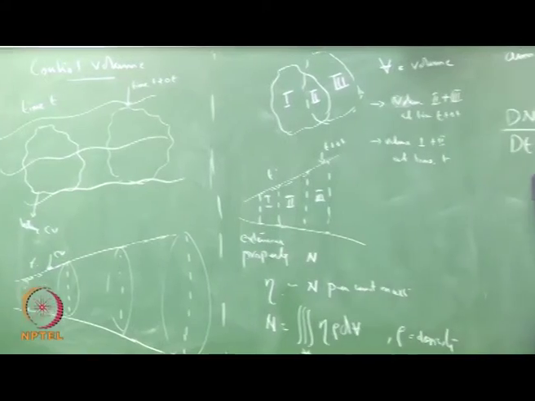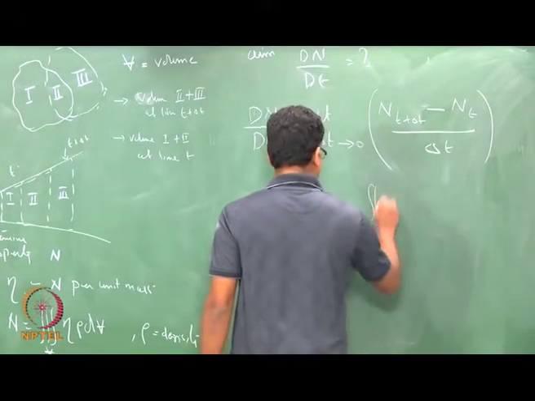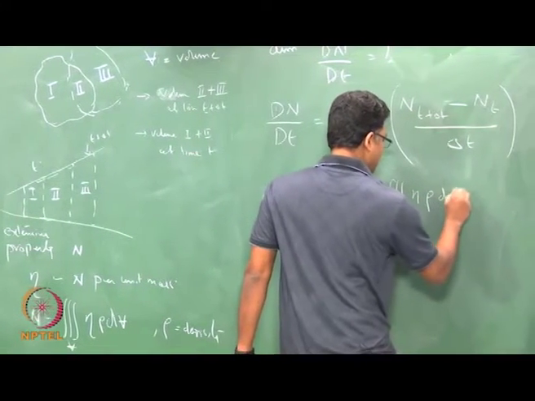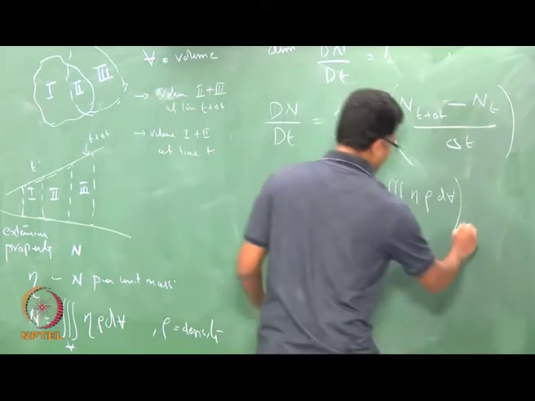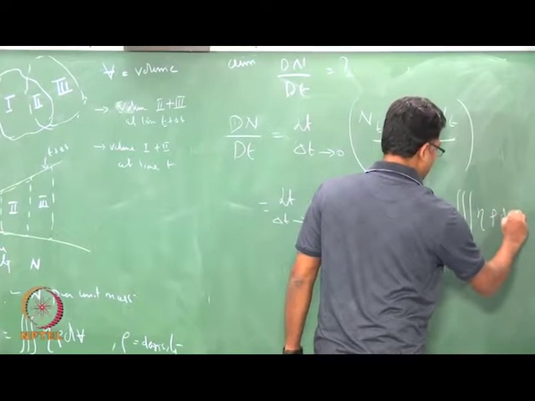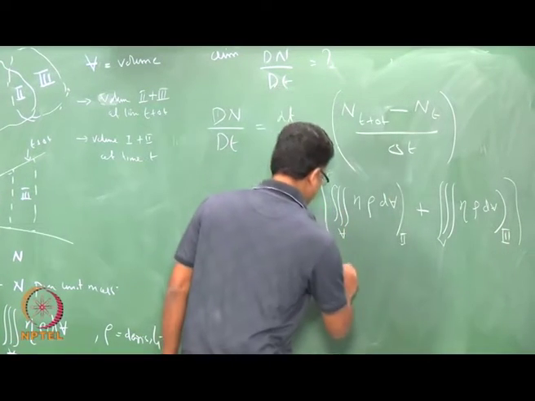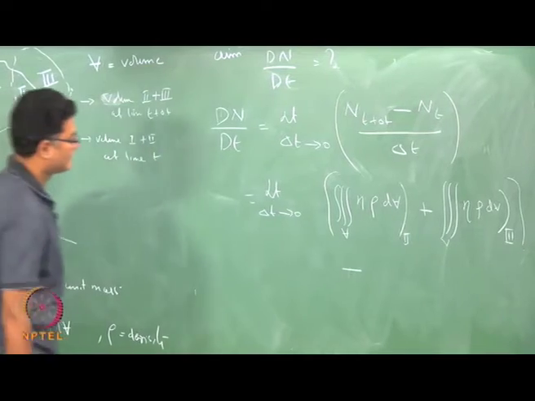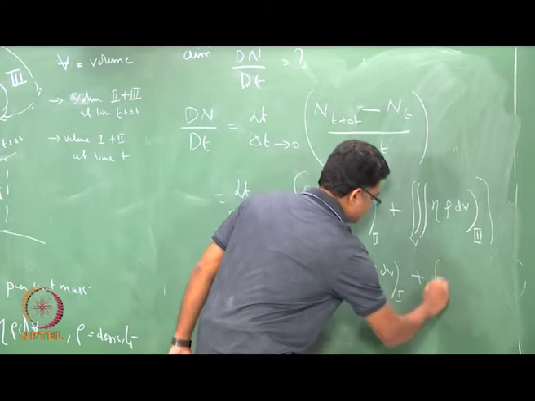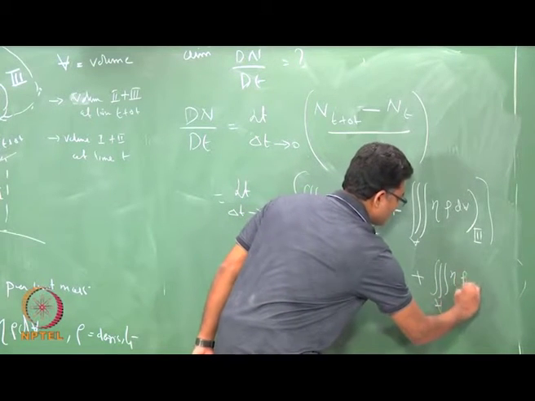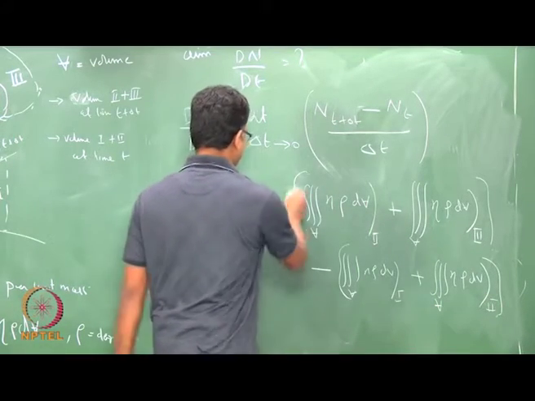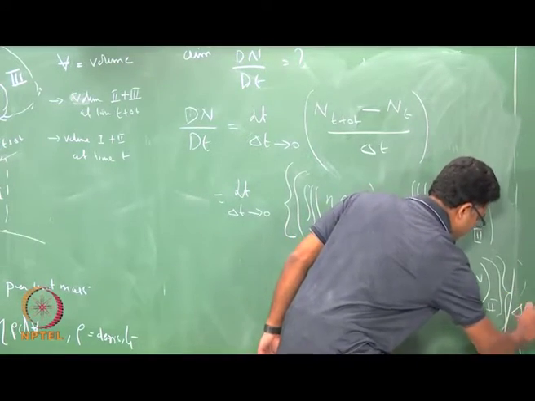So, your property N with this definition is the integral over the volume of eta rho dV for region 2 plus eta rho dV for region 3, minus the same thing for region 1 plus region 2, divided by delta t.